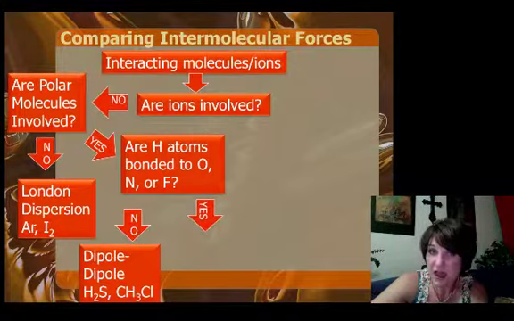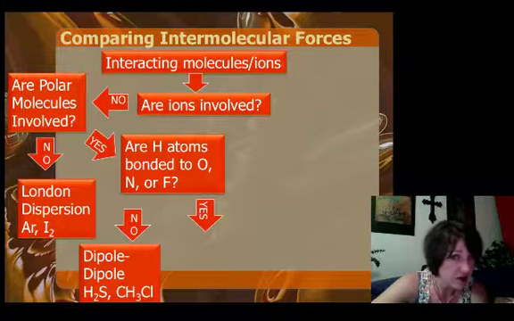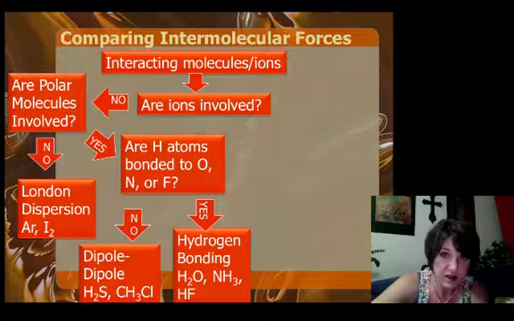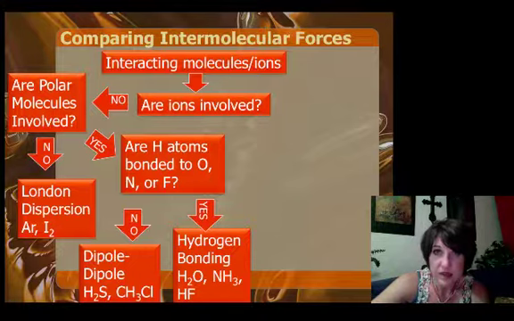But if the answer is yes, that hydrogen atom's bonded to oxygen, nitrogen, or fluorine, then those three elements are going to hog the electrons so much to themselves that they allow for hydrogen bonding, right?